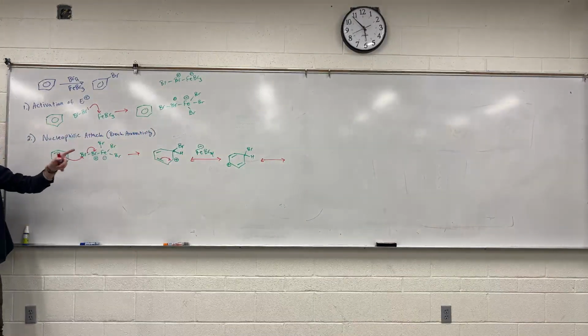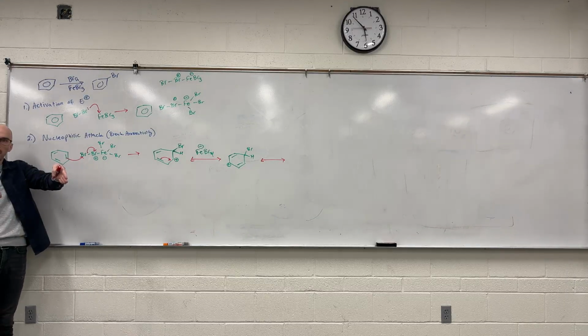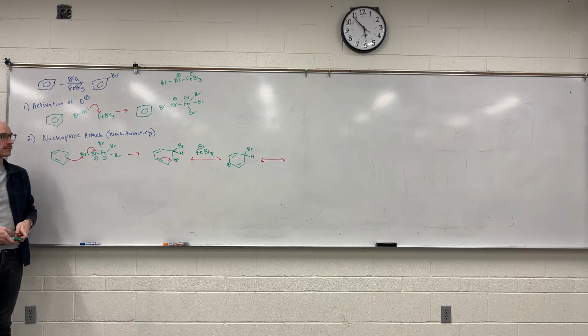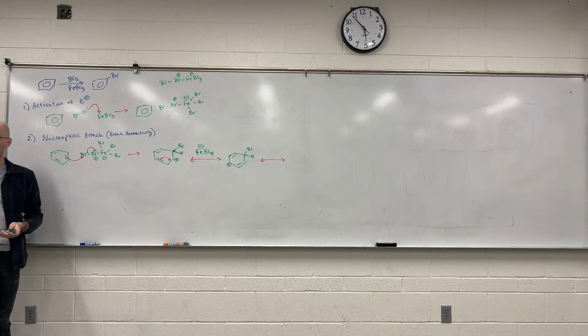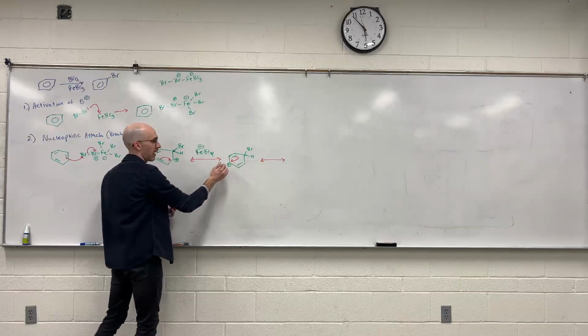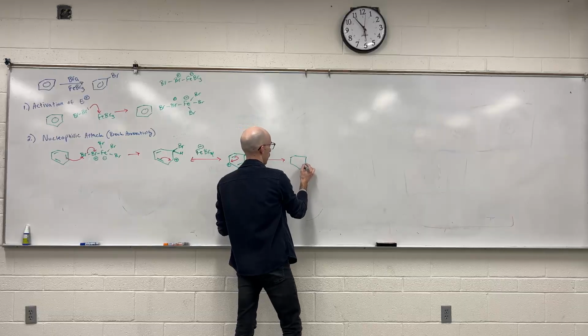By the way, this second resonance form is my favorite when it's got those parallel lines. I just like drawing the aromatic rings with the parallel lines. The third resonance form, the next pi bond moves to the carbocation, leaving in its wake a third carbocation.